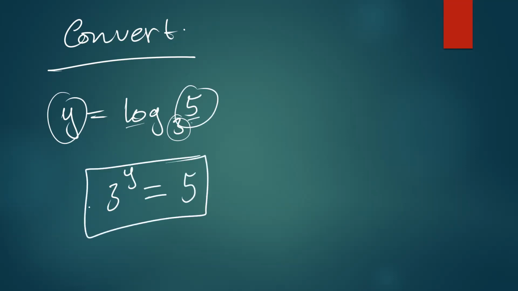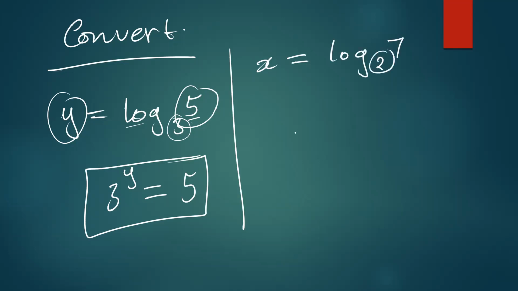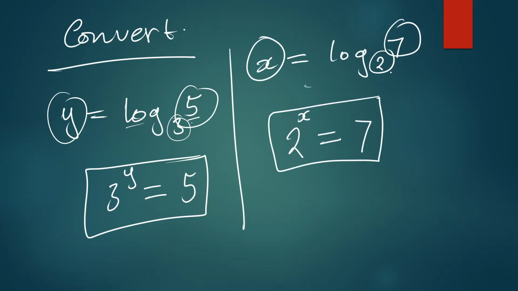So we have converted to exponential. If you have another example, let's say x is equal to log 7 base 2, the base will still remain a base, and this one is the power, and this is equal to 7.